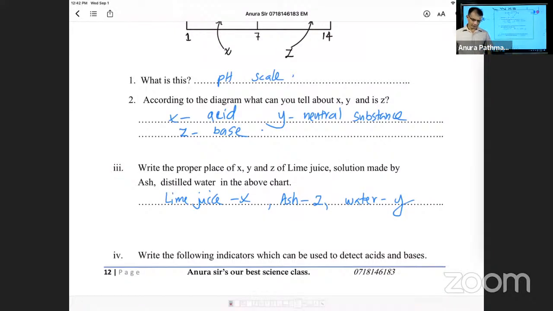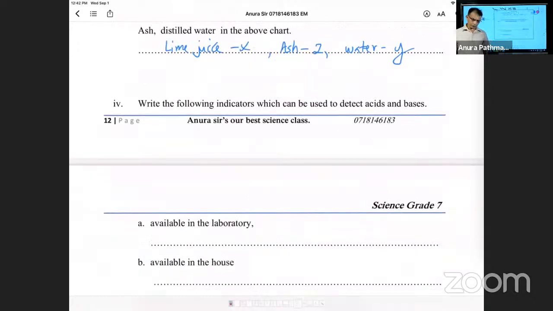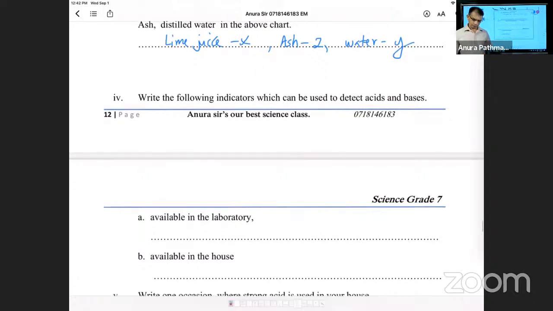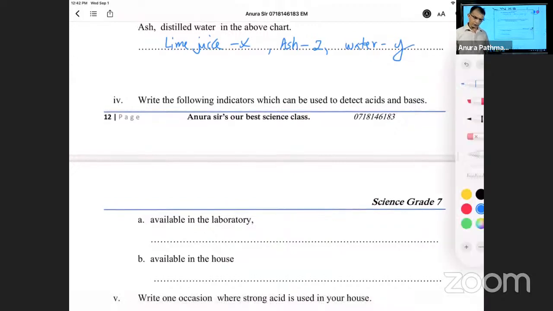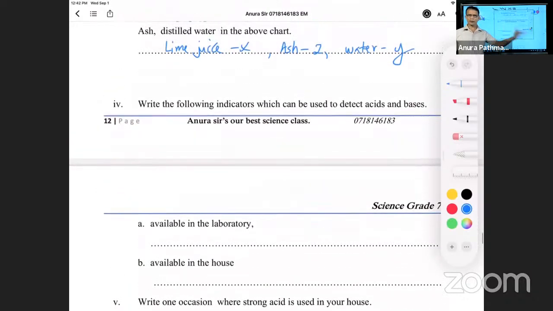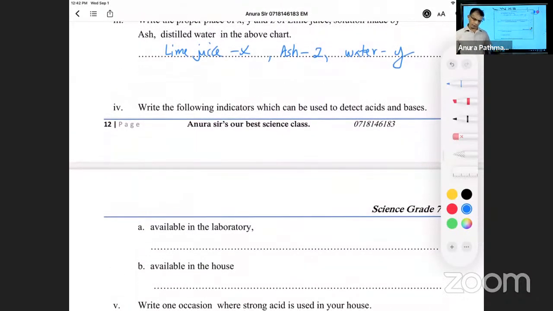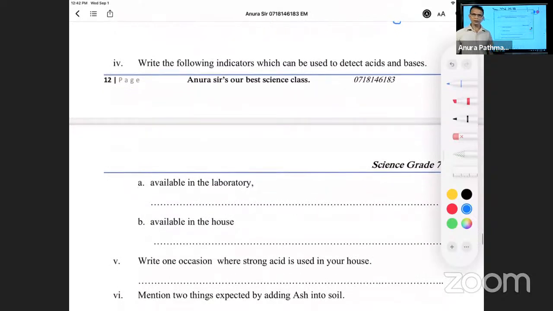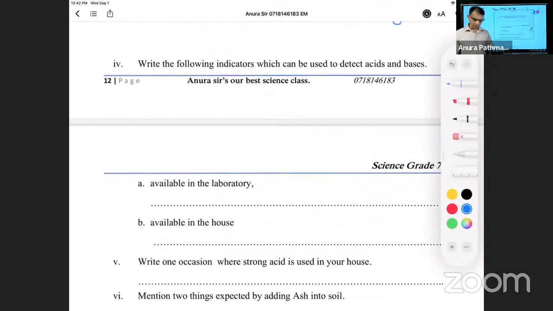Indicators available in the laboratory: litmus paper, methyl orange, pH papers, phenolphthalein indicator. I told you that if you lose it, you can watch the video and get it. I can't go back.